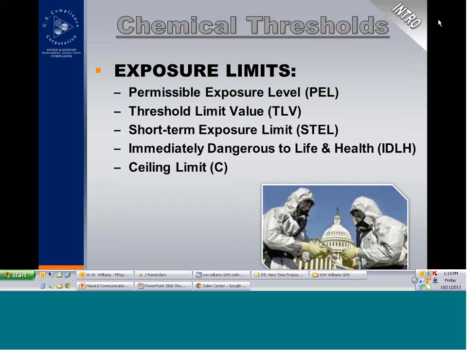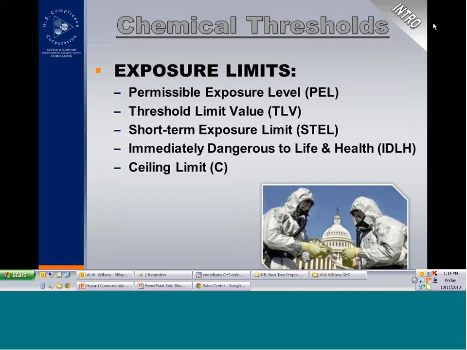The next exposure limit is immediately dangerous to life and health, also known as the IDLH value. If a chemical were to be introduced into your work environment at an IDLH value, it is the level at which you would have approximately 30 minutes to identify that the chemical is present and to evacuate the area before fatalities start occurring.